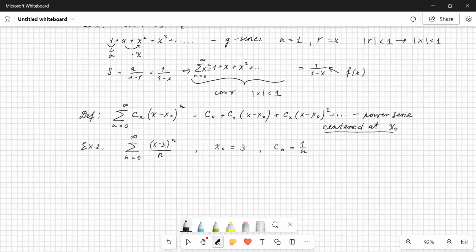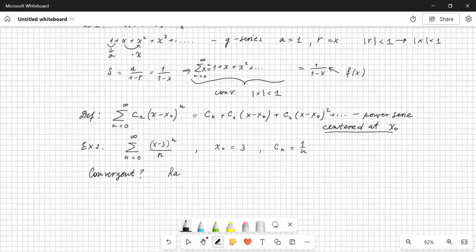We are usually interested in when this series is convergent, right? Because our series are going to look a lot like geometric series, we are going to use a ratio or root test on them to test for convergence. So let's try it.